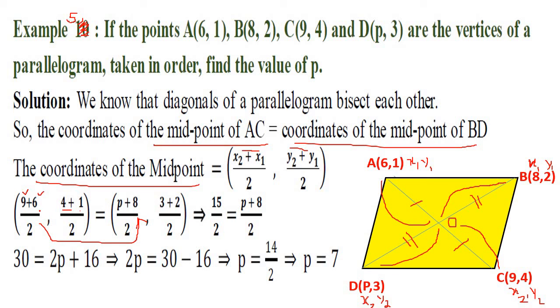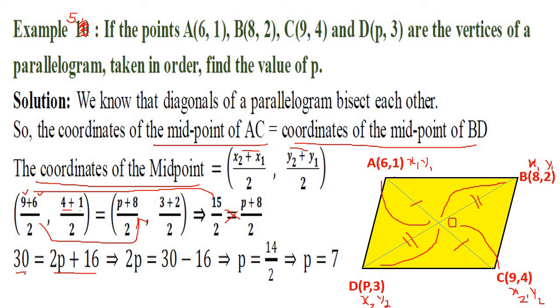So we can write 9 plus 6 is 15 divided by 2, which is equal to (p plus 8) by 2. Then we cross multiply: 15 times 2 is 30, which is equal to 2 times p, 2p, plus 2 times 8, which is 16.